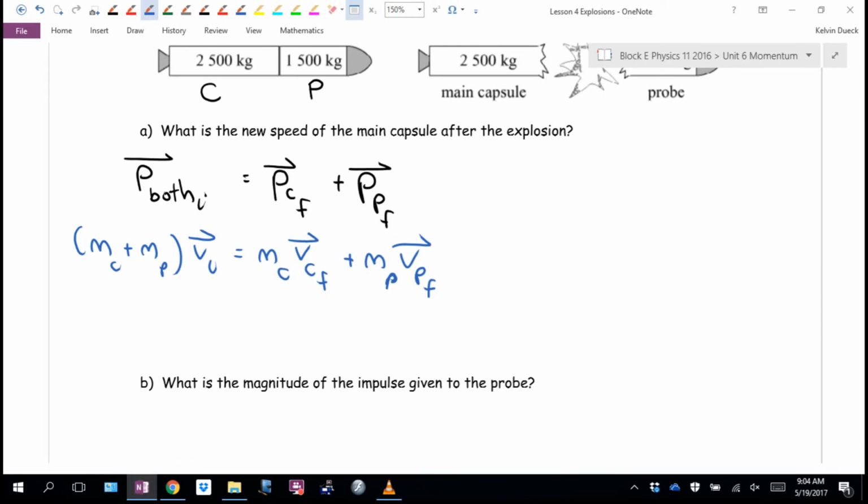What does this question want me to find? So I want to get that by itself. I think I'm going to minus that over and then divide by the mass of the capsule.